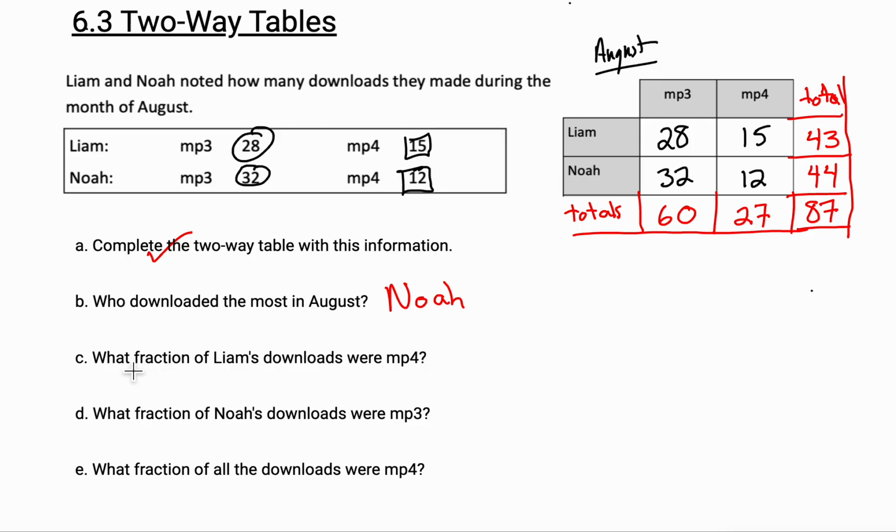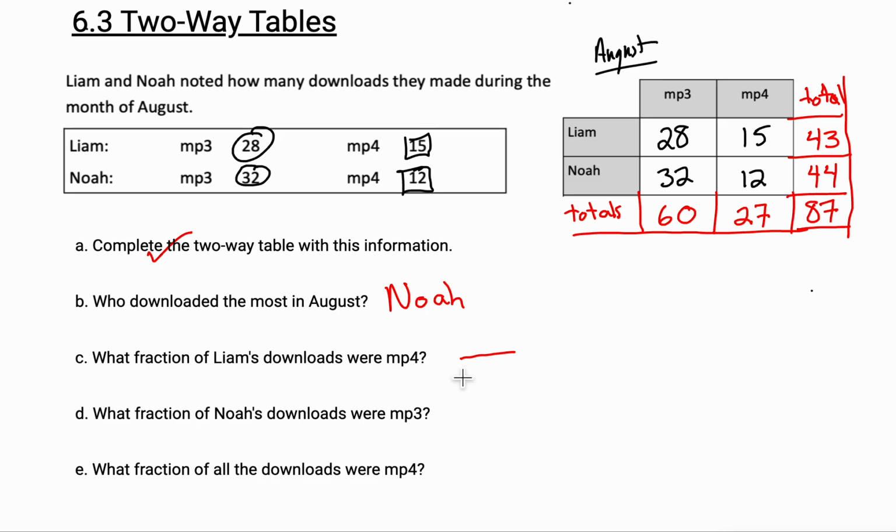So, the C question is, what fraction of Liam's downloads were MP4s? I'm going to set up my fraction. If I'm thinking about a fraction, I want the total down on the bottom, because that's where the total goes, the part over the whole.